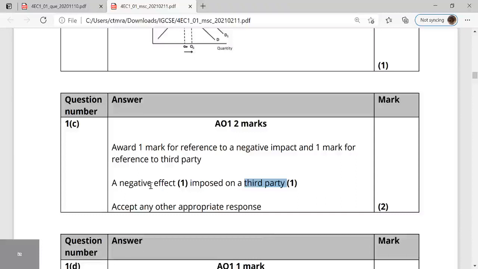They're not asking for an example, but I'm providing you with one so that you can understand it even better. Suppose you are buying a car from Toyota. You are the consumer, and Toyota is the producer.